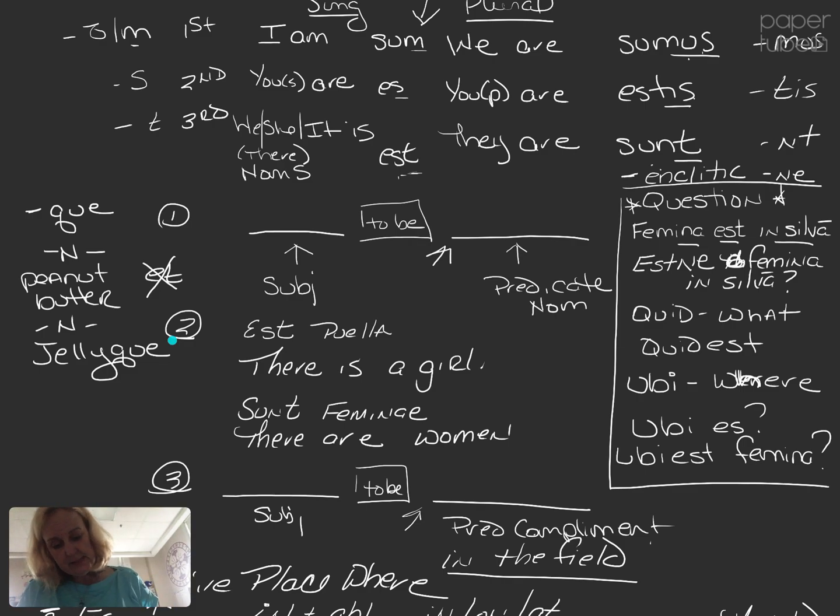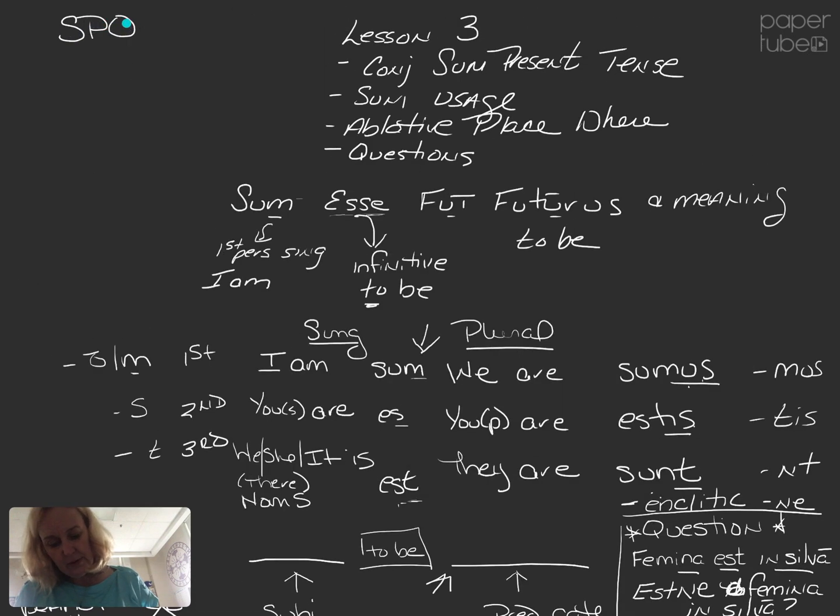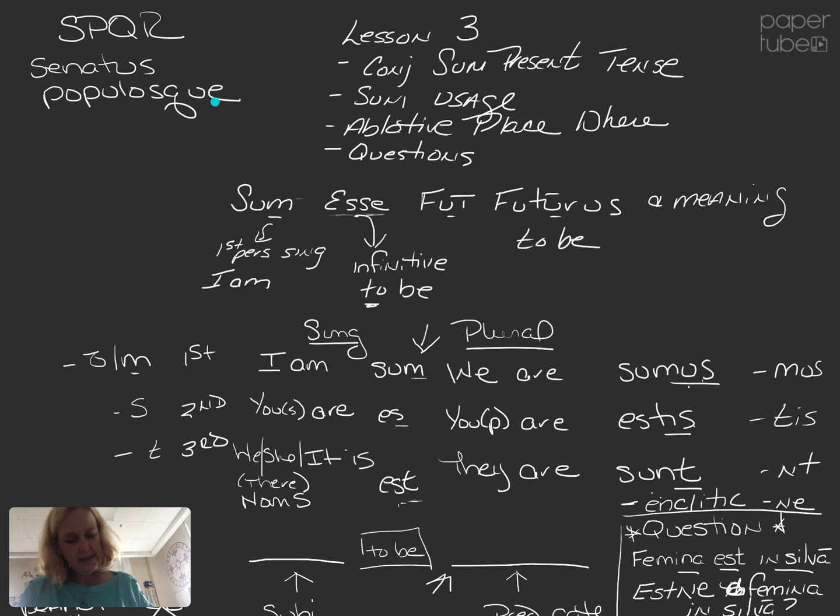We will often see SPQR to stand for Latin, for Rome. Senatus populusque. The Senate and the people, like peanut butter and jelly, all one, of Rome. Not the Senate and the people of Rome, the Senate and the people of Rome. Big difference. I know it may not sound like it, but it is.